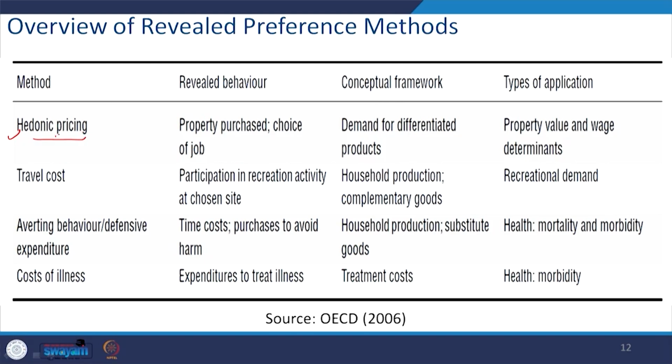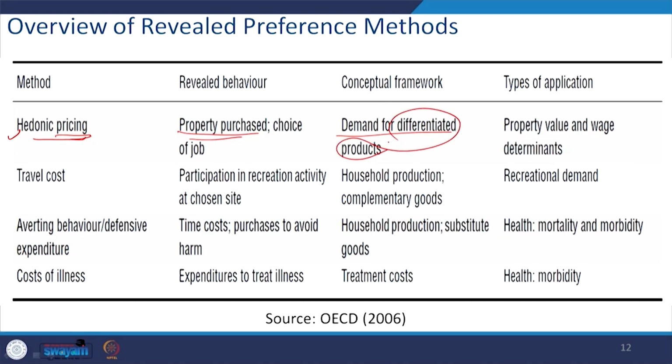Again, the hedonic pricing method has a conceptual framework based on the demand for differentiated products. In property markets, let us say, how are consumers revealing their behavior towards purchasing property? Obviously, we have the case of differentiated products.